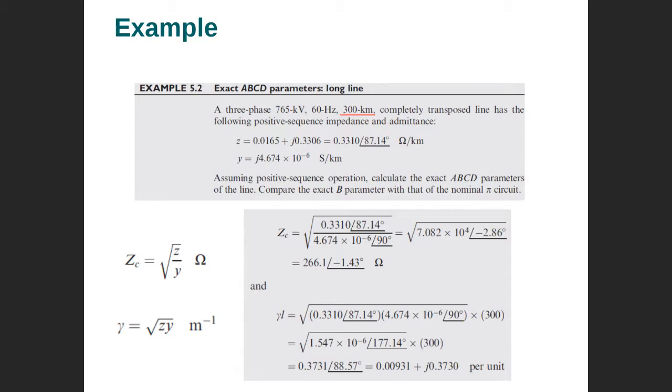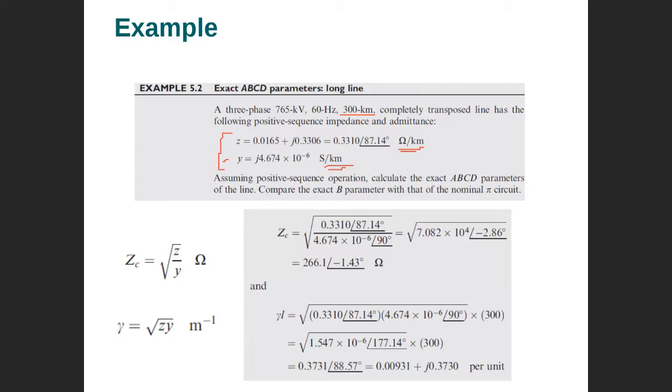And then what's given is the Z and Y for the transmission line per kilometer. We always have it per kilometer or per meter, because the transmission line is given per kilometer, and then your system is so many kilometers. So we want to differentiate, so we make it small y and small z.